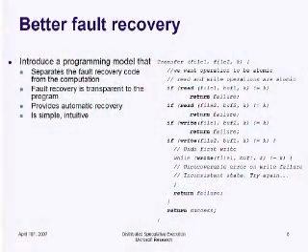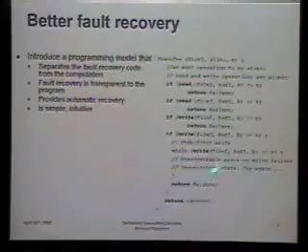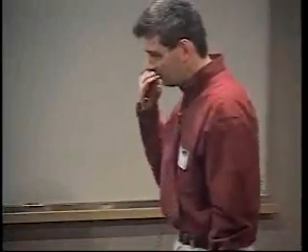So what if we were to introduce a new programming model that would separate this fault recovery code, this error recovery code, from the actual computation? Something that would provide for us fault recovery for certain types of errors, transparently. Something that would make our code simpler.